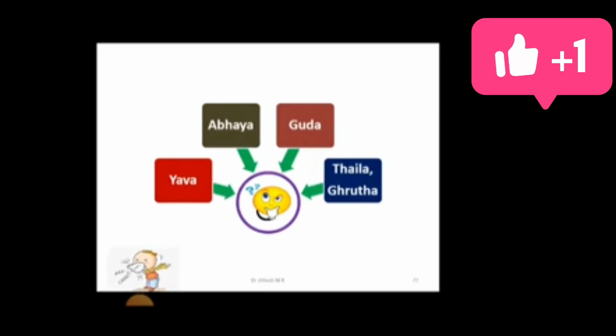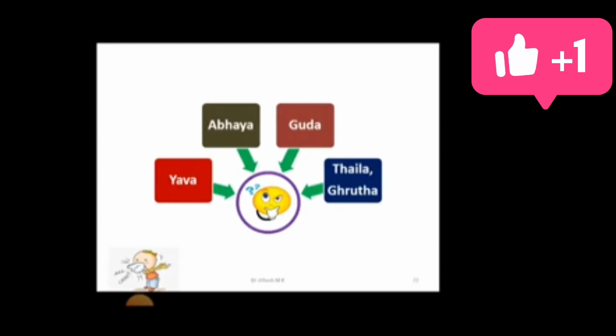Swinna Haritaki is Sangrahi. To counter its Grahitwa, the Acharya added Ghrita, as an antidote to the Grahi nature of Abhaya.